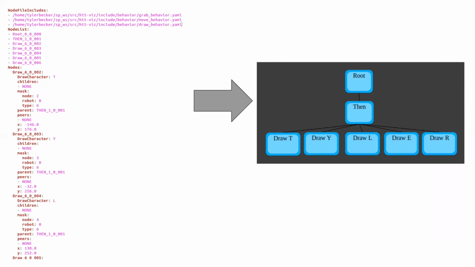The right and left images here are actually the same HTT, one made with HTT-Viz, and then saved to produce the file on the left. However, being able to just visually create this tree obviously makes it much faster.